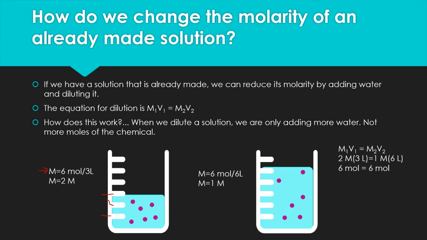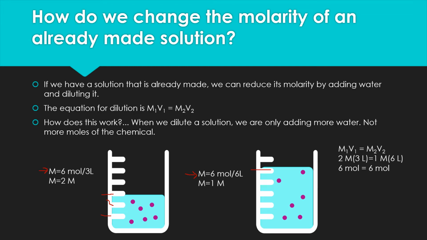Now, if I add water to this up to the 6 liter line, I have not changed how many moles of chemical I have in there. I still have 6 moles of my chemical. So my new molarity is 6 moles divided by 6 liters, and that would make it a 1 molar solution.